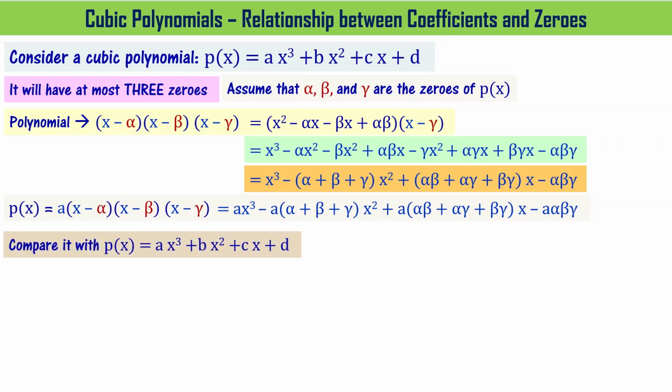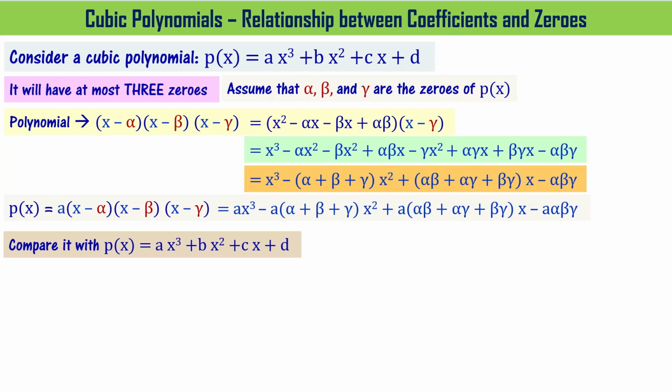You compare this with p of x equals ax cube plus bx square plus cx plus d. When you compare the terms containing x cube, what you get is a equals a, right? For this reason, we have multiplied the previous expression with a. Please take a note of this.